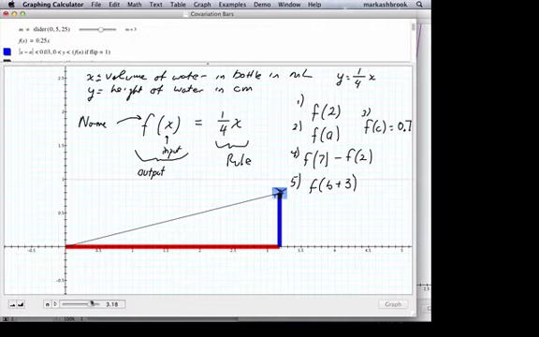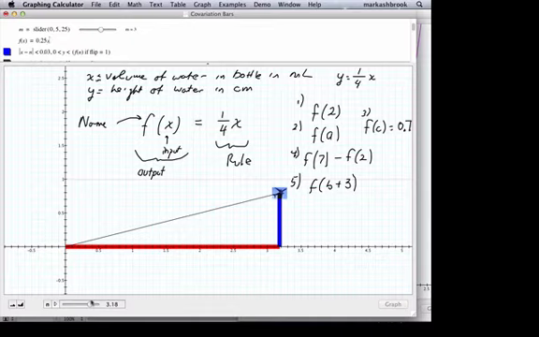That's exactly what it is. That whole thing represents an output. It represents a height in centimeters, specifically when the volume is 2. And what is the value of that? What is that height in centimeters? It's 1/2, which you can find by using the rule.